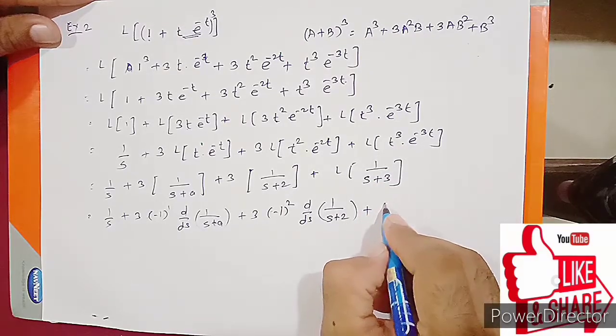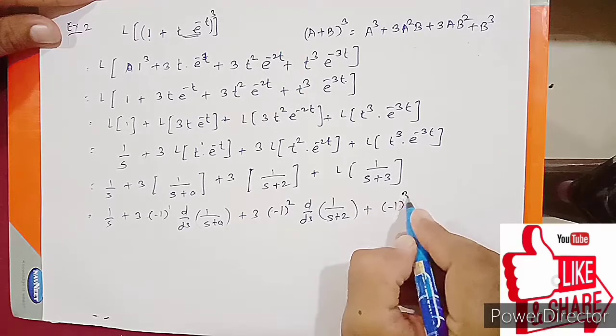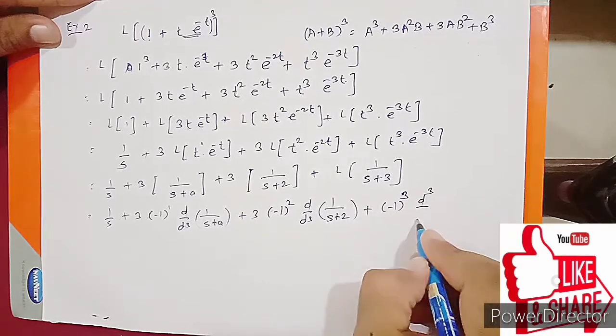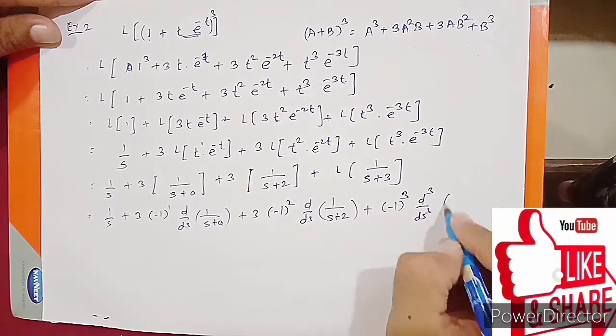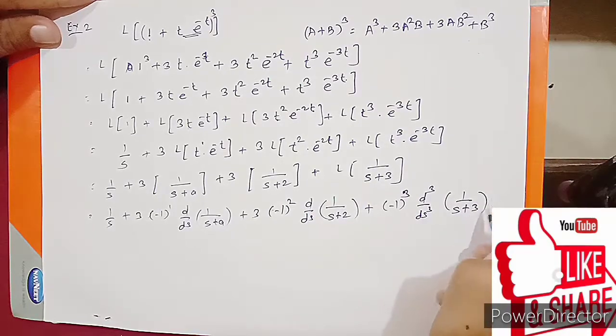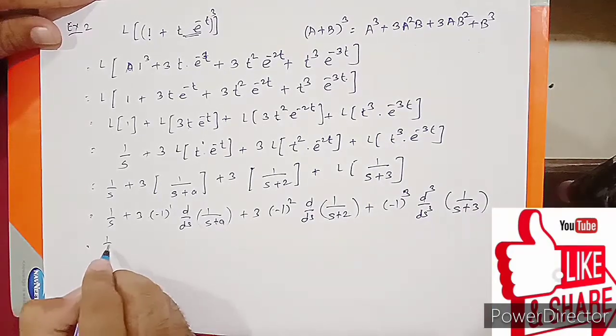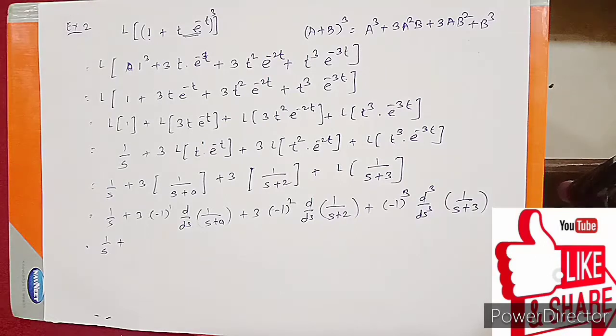So it is minus 1 raised to 3, derivative we are taking 3 times, of 1 upon s plus 3, right? So guys, now you think that it is a difficult term, but it is a simple one. Just put all the values carefully.